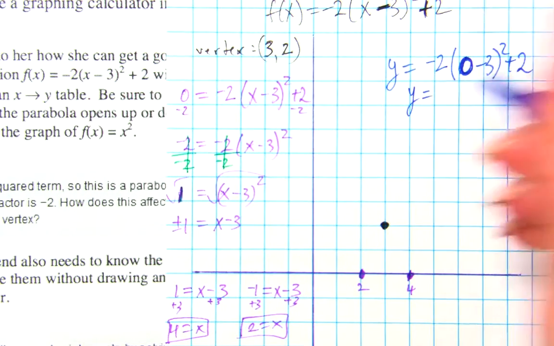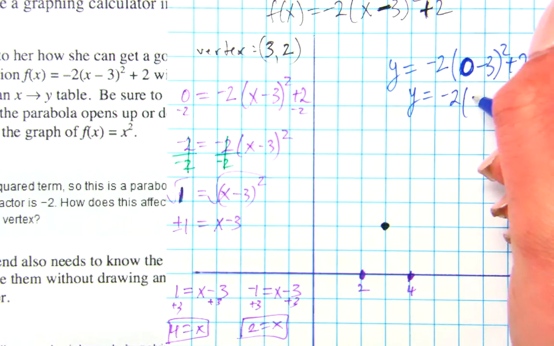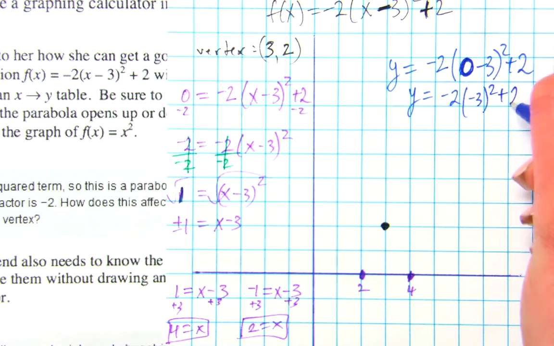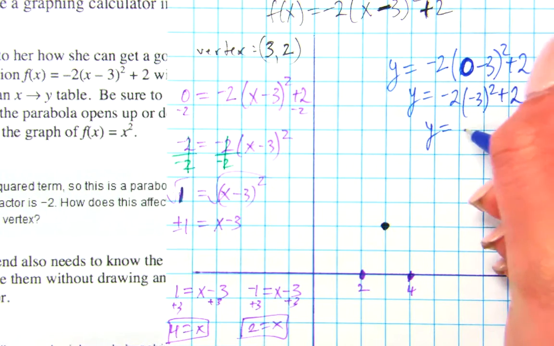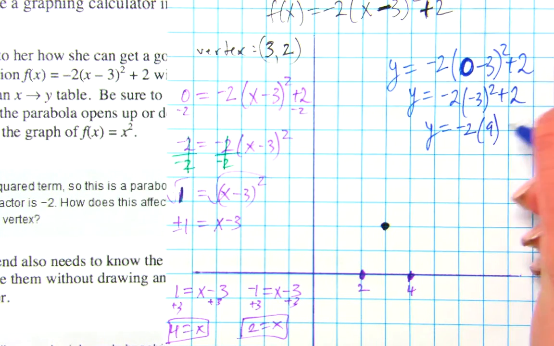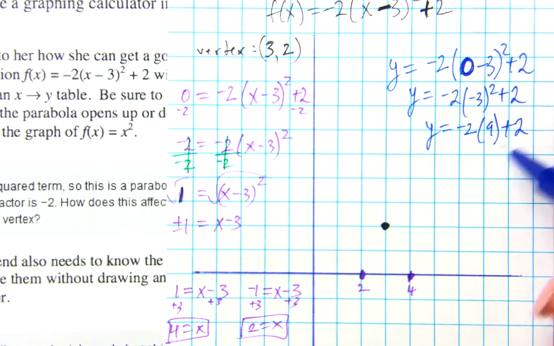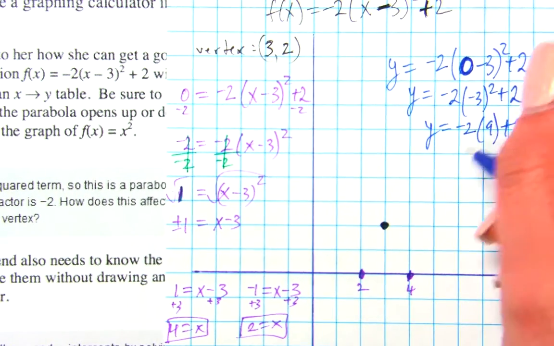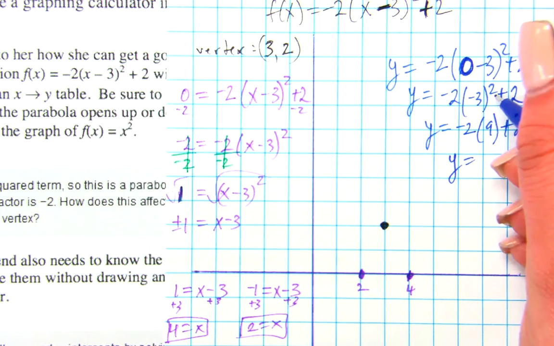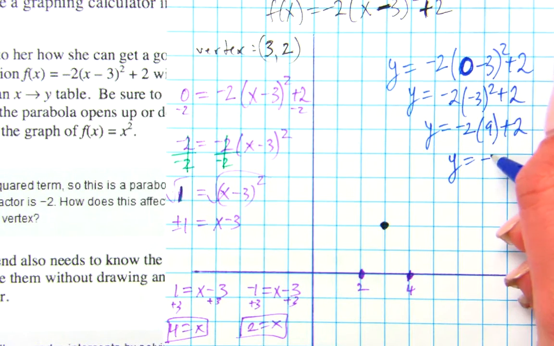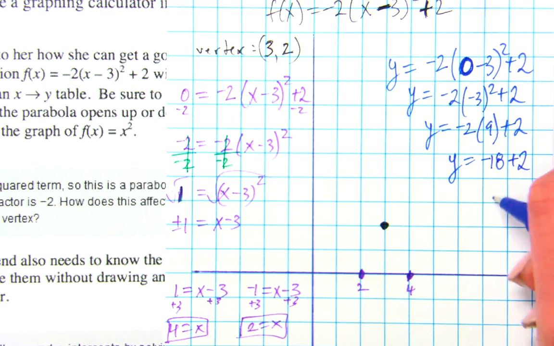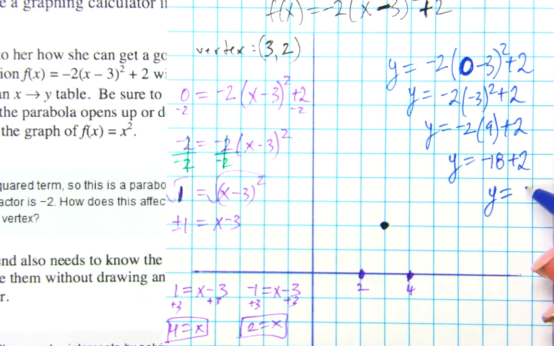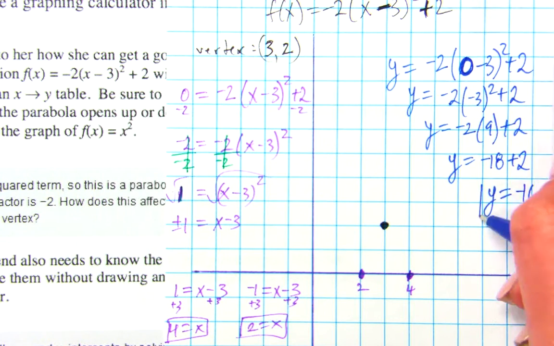So we get y equals -2 times -3 squared plus 2, so y equals -2 times 9 plus 2. No, you cannot do -2 times -3 first. That is not allowed. Exponent first. So that's -18 plus 2. Then your y-intercept is going to be equal to -16.